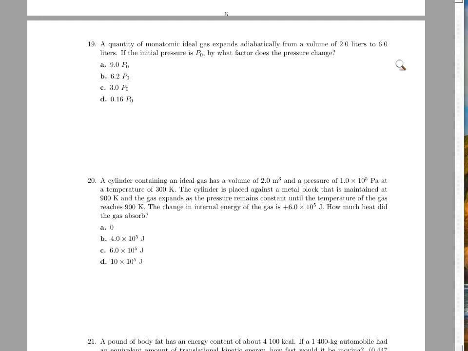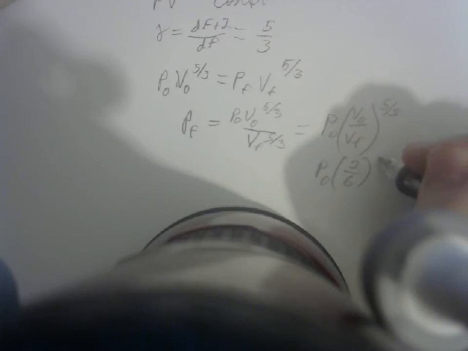We are given the initial and final volume of 2 and 6 liters. So this is going to be P sub naught times 2 over 6 to the 5/3 power, which is 0.160 times your initial pressure.